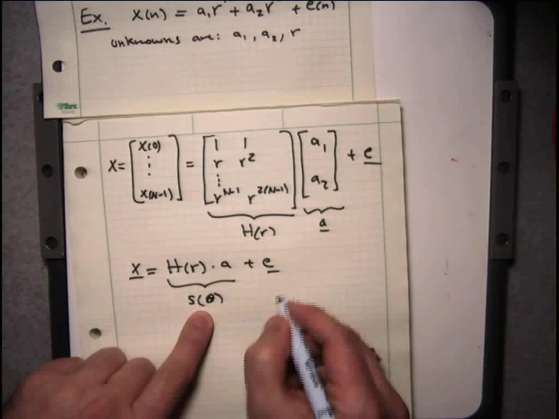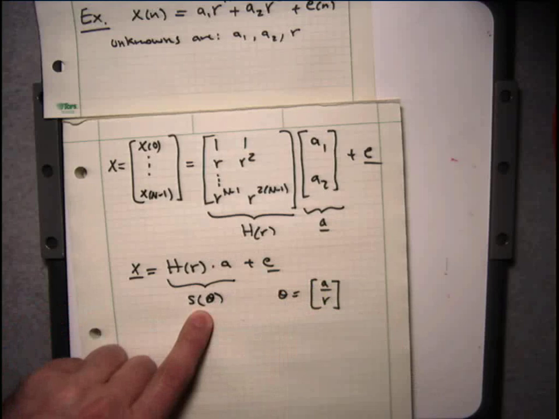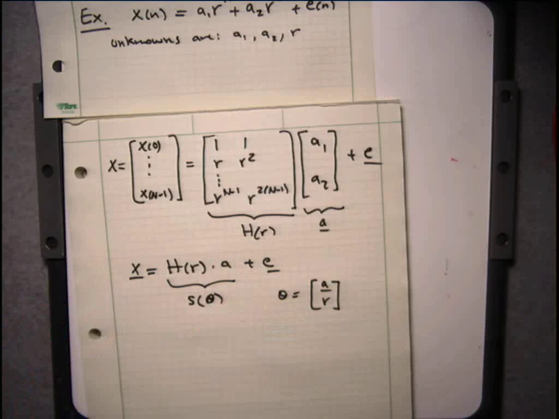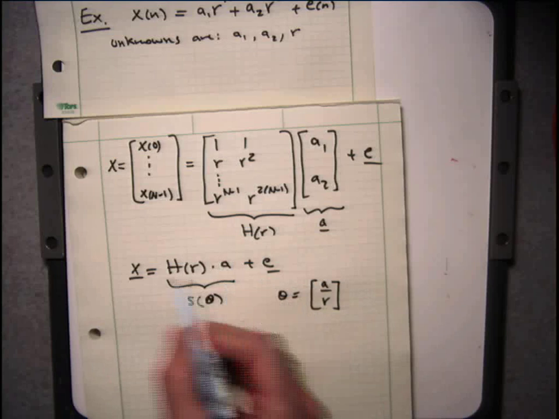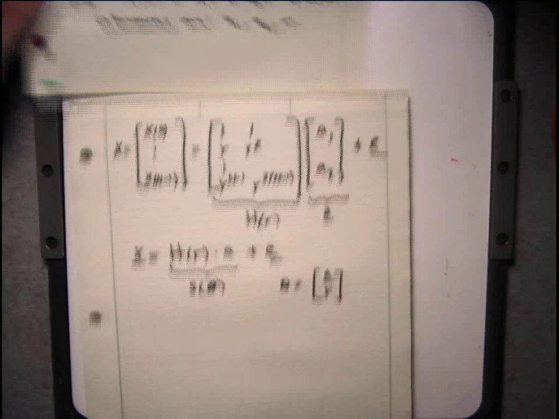The theta here is a and r concatenated. Except that I'm able to write it in a very special way. I'm able to separate the parameters into a group which contains the linear parameters and a group which contains the nonlinear parameters. This is called separable nonlinear least squares.